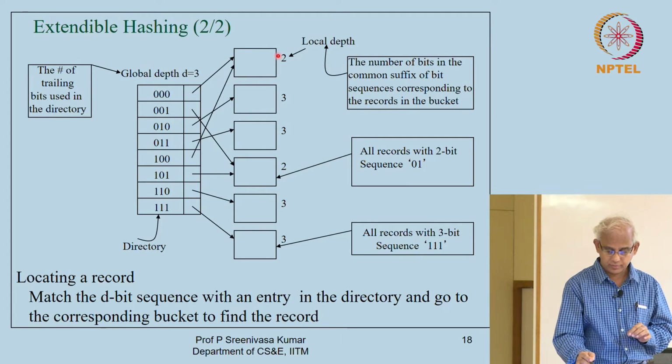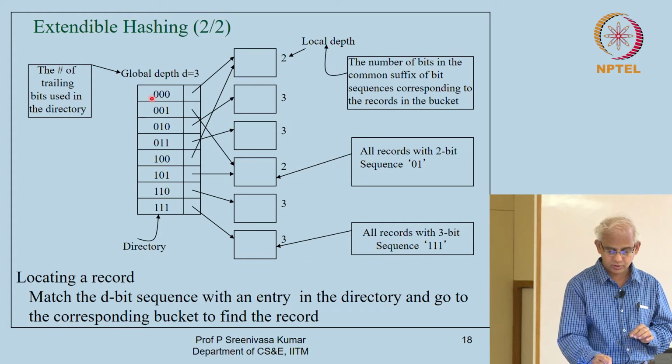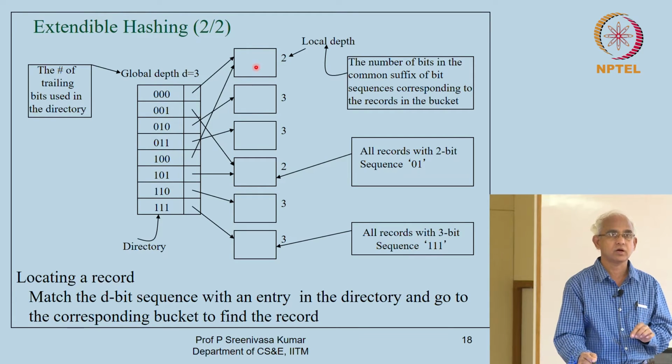What it means here is that records that have the k-bit sequence 000 and records that have k-bit sequence 100, both of them map to this particular bucket, and we can see that the common suffix for both of them is this 00. So, the length of the common suffix is the local depth for this particular bucket.